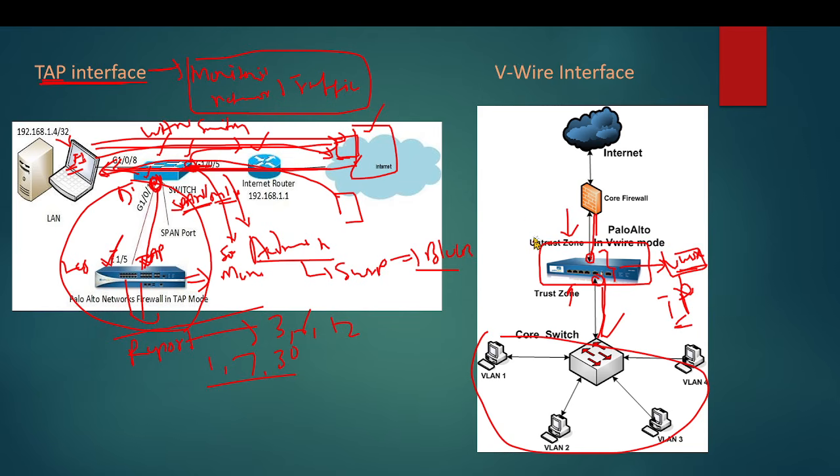Now there is suspicious traffic being received on your network, coming from the outside. The administrator identified it and if he wants to block it, he can create a security rule.